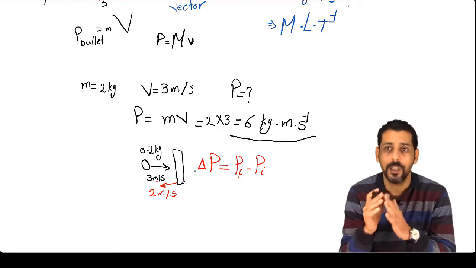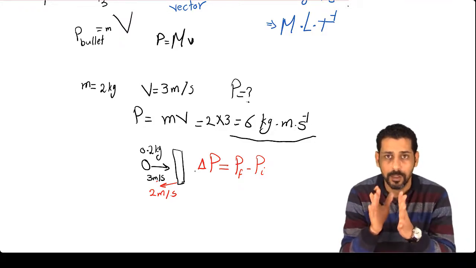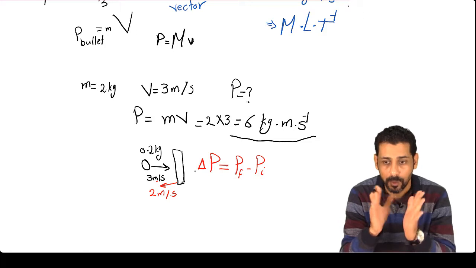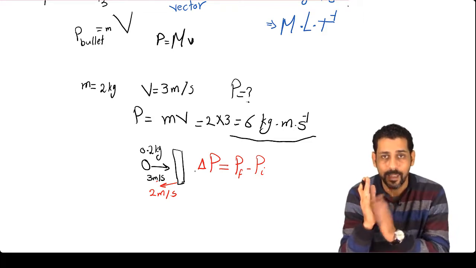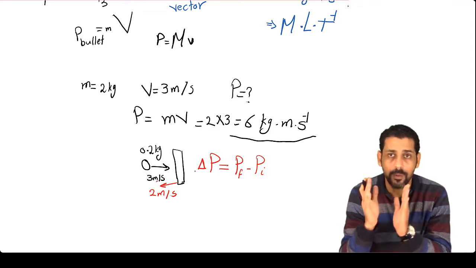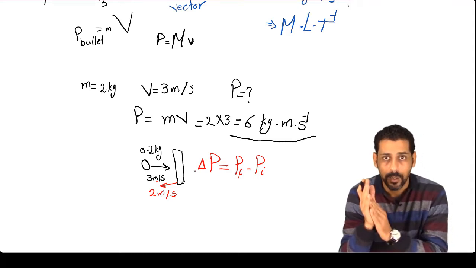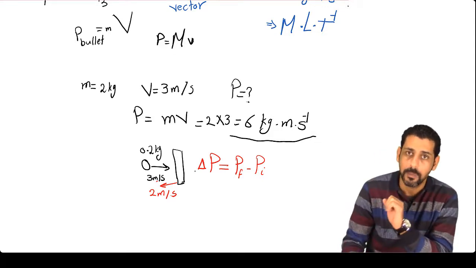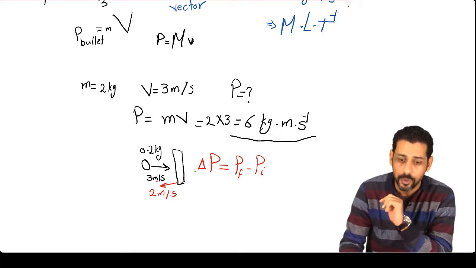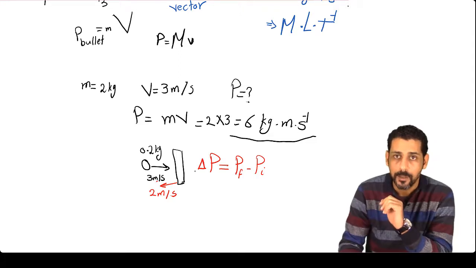Say, for example, you found the momentum of something before colliding with the wall was 7, and after colliding with the wall the momentum was 5. Then the change in momentum in this case is equal to the difference.